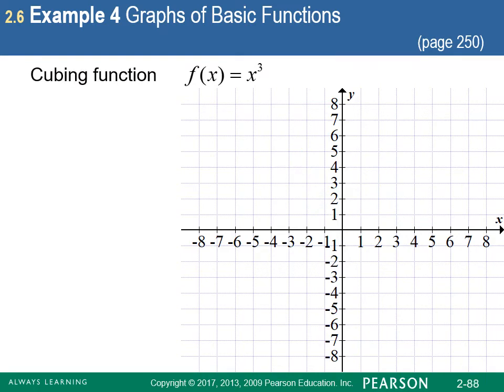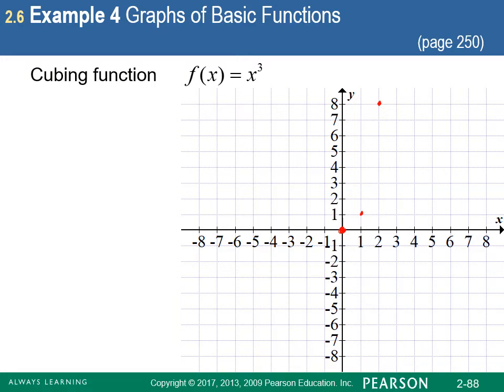So to carry on the trend, the graph of x cubed will likewise have a dot right at the origin. On the right side of the y-axis, it very much resembles the quadratic. There will be a dot at 1, 1. Now 2 cubed, 2 to the 3rd power, is 8.